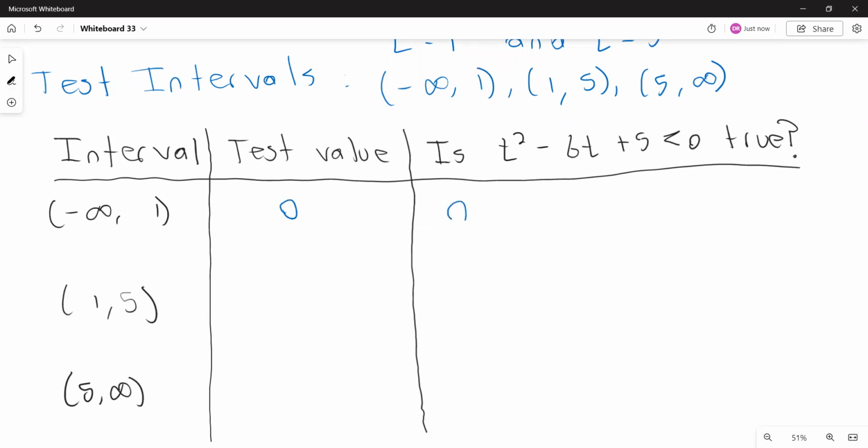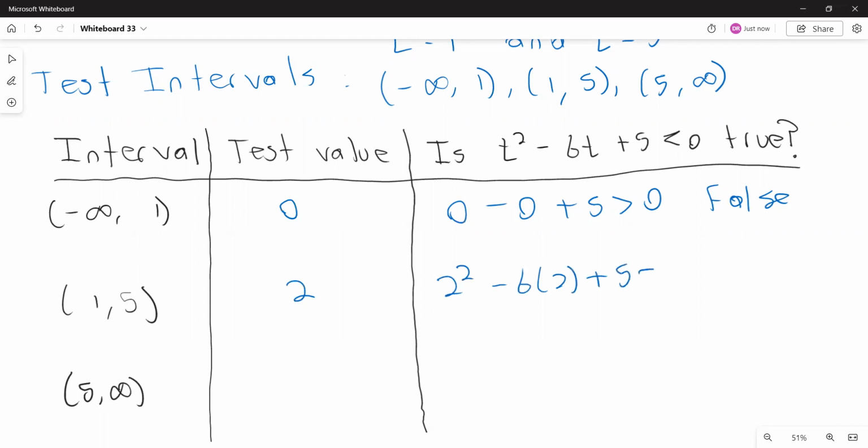So whenever we evaluate, this is 0 minus 0 plus 5, which is positive, so this is false. Then between 1 and 5, let's evaluate 2. So that's 4 minus 12 plus 5. It's negative 3. Negative 3 is negative, so this is true.